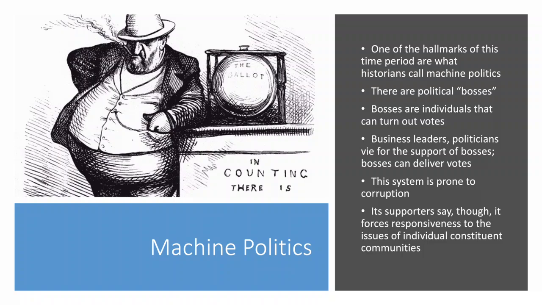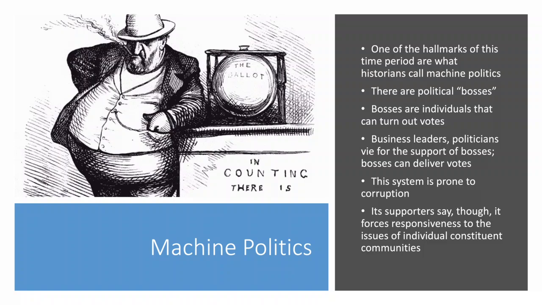So these political bosses were incredibly powerful power brokers. They could bring politicians the votes that they needed, or they could deny them the votes that they needed. And you had even presidents going into cities like Chicago and New York and Philadelphia and Boston and going to the local political bosses and saying, what do you need to deliver votes to me?